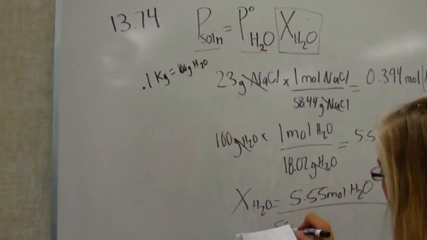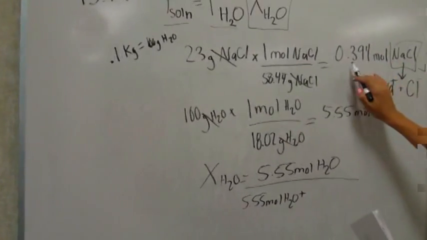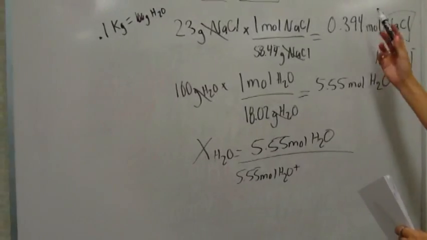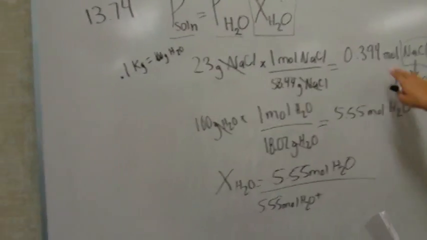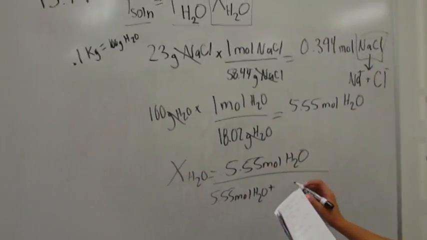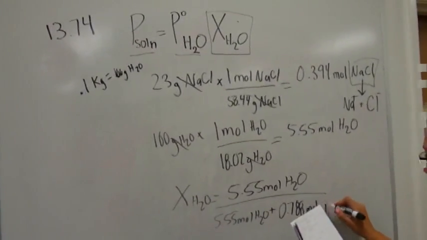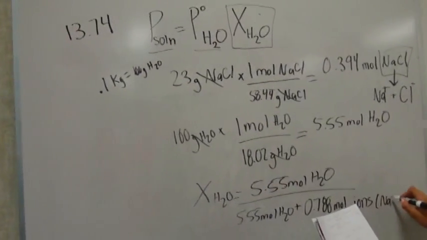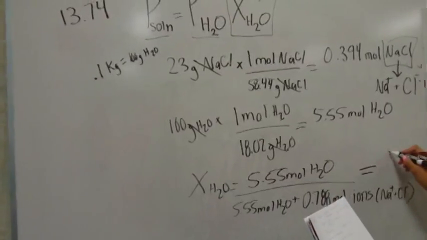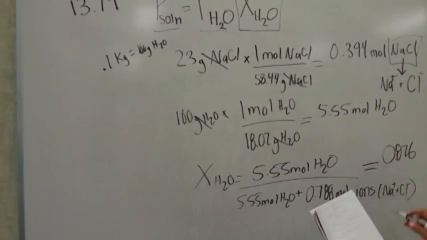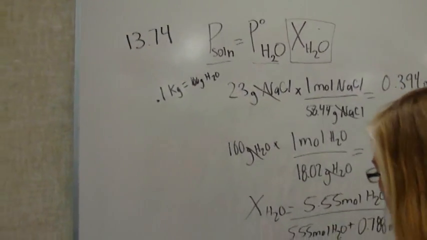So we add up the moles of everything: 5.55 moles of H2O plus, instead of just 0.394 here, we're going to double that, because it dissociates, so there are two separate things. Doubled, it's 0.788 moles of ions. That's really Na plus Cl minus. The mole fraction ends up equaling 0.876.